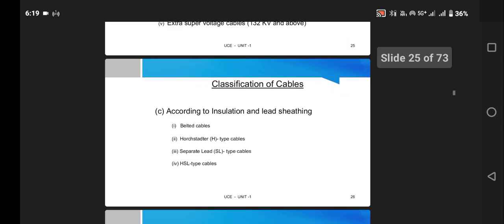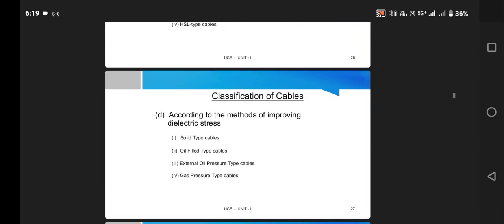The third is according to the insulation and lead sheathing: belted cables, H-type, SL-type, and HSL-type cables. The fourth is according to the methods of improving electric stress: solid type, oil filled type, external oil pressure type, and gas pressure type cables.